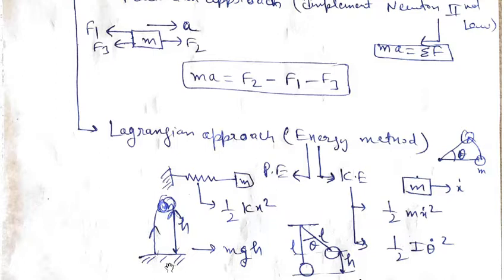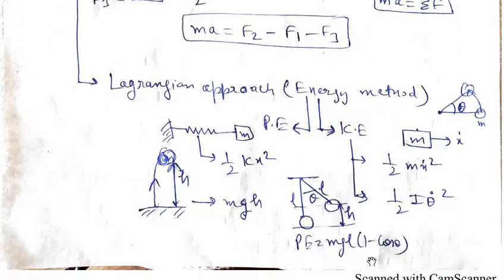Similarly, when I throw one ball to some height h, that will be stored as a potential energy, called gravitational potential energy, that is mgh. Similarly, when I talk about the hanging pendulum, when it oscillates, for a particular orientation theta, the potential energy stored is mgl into 1 minus cos theta.